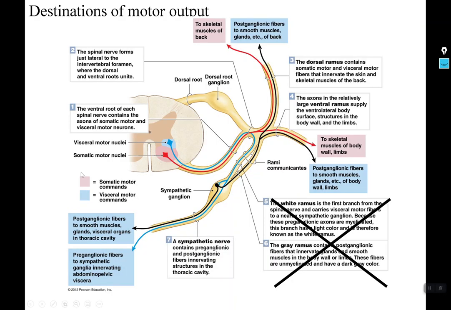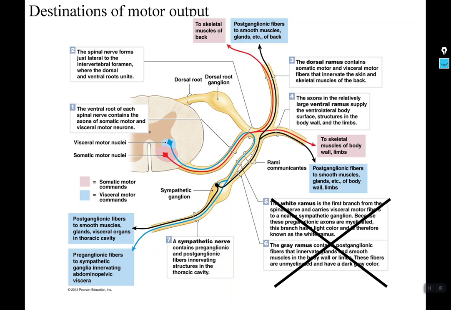So as to destinations of motor output, remember motor equals efferent. So this is information that is originating in the CNS, and it's essentially commands running from the CNS, which is the commander, down through the spinal cord into the peripheral nervous system, which is where effectors are innervated.